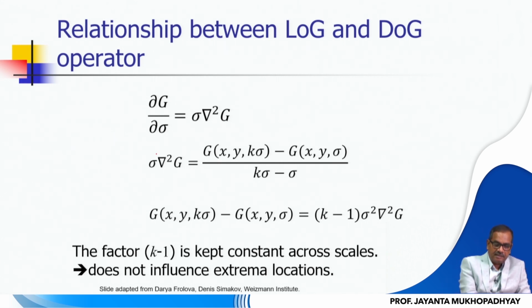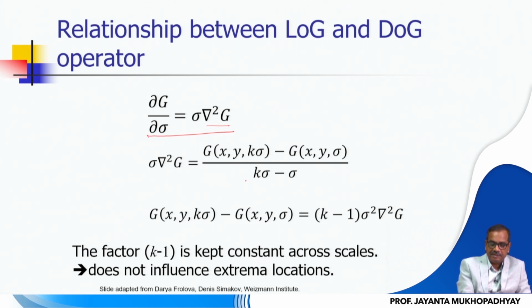So this is the theoretical analysis. If I take the derivative of the Gaussian function with respect to the parameter sigma, where sigma is the standard deviation, as you know for the Gaussian function, then this is the same as taking the Laplacian of the Gaussian function and multiplying with sigma.